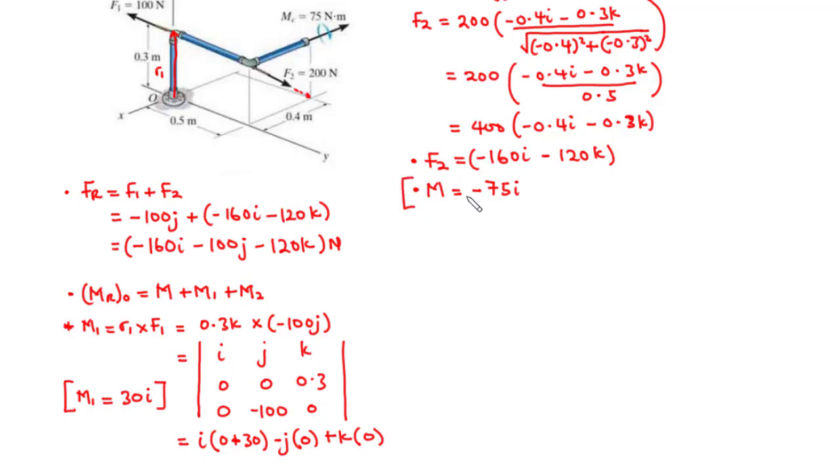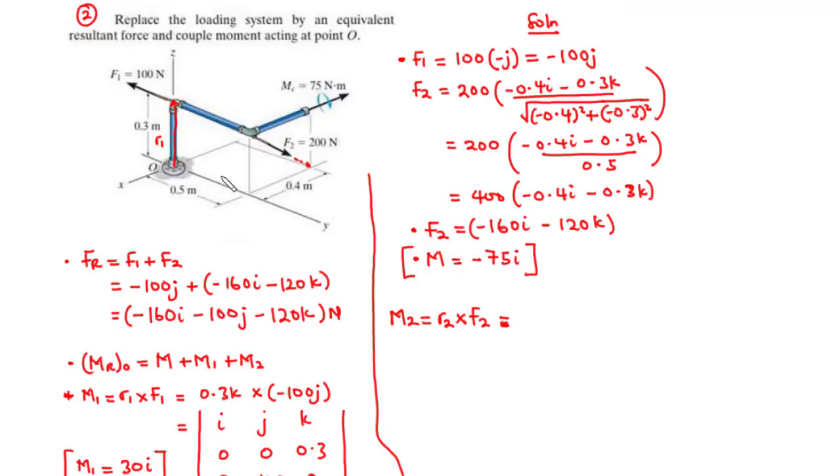Now let's move on to M2. So for M2, M2 is also equal to r2 cross F2, and that is equal to, we are going to define the position vector directed from O to F2.